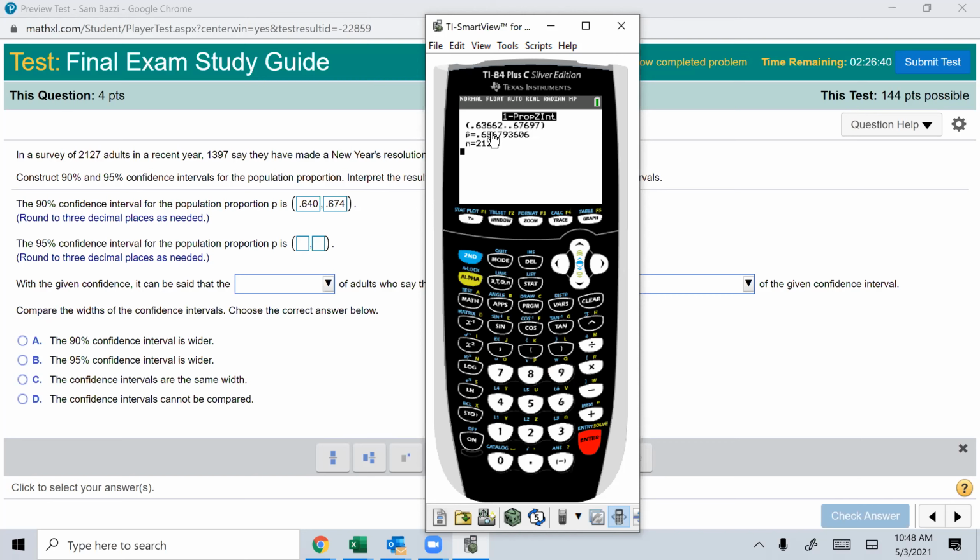You get 0.637 and 0.677. And the 95% confidence interval, you just put 0.637 and 0.677.